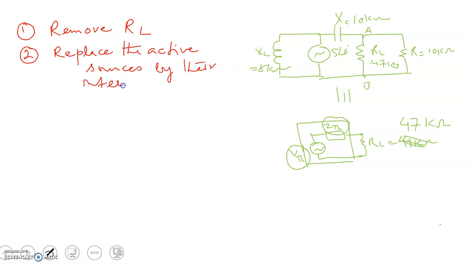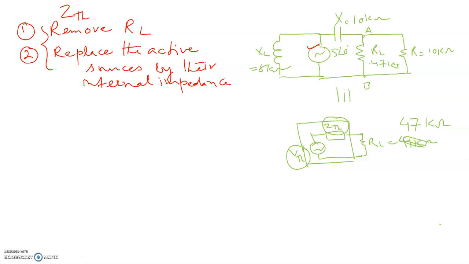Since we are considering an ideal voltage source, we will be replacing this source by a short circuit. These two steps would help us to evaluate ZTH.